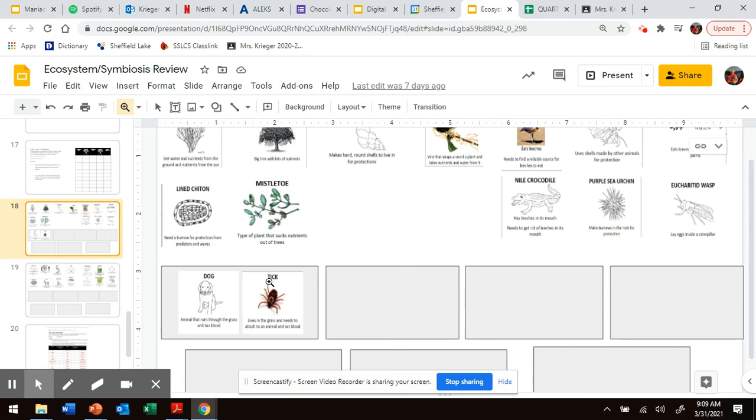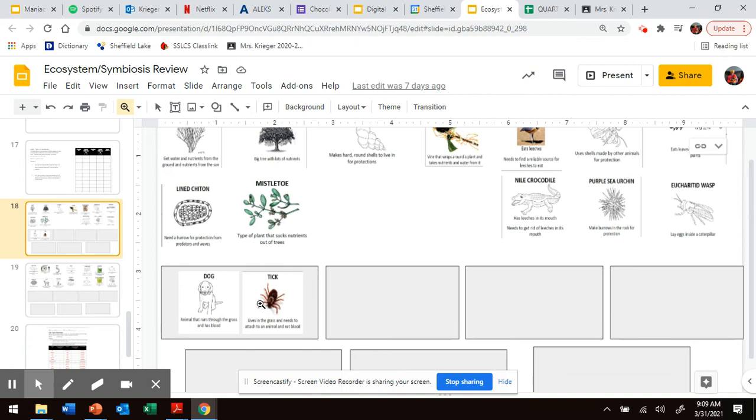And I have to decide what the relationship is between a dog and a tick based off that situation or their interaction, and the fact that I know the tick needs blood and the dog has blood. It's going to attach to that animal.